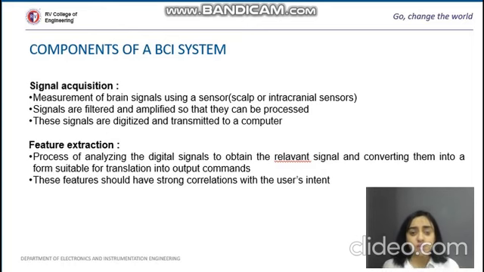Feature extraction. The digital signals that have been obtained are then processed and converted into a form that is suitable so that it can be transformed into output commands. These features also must have very strong correlations with the user's intents.